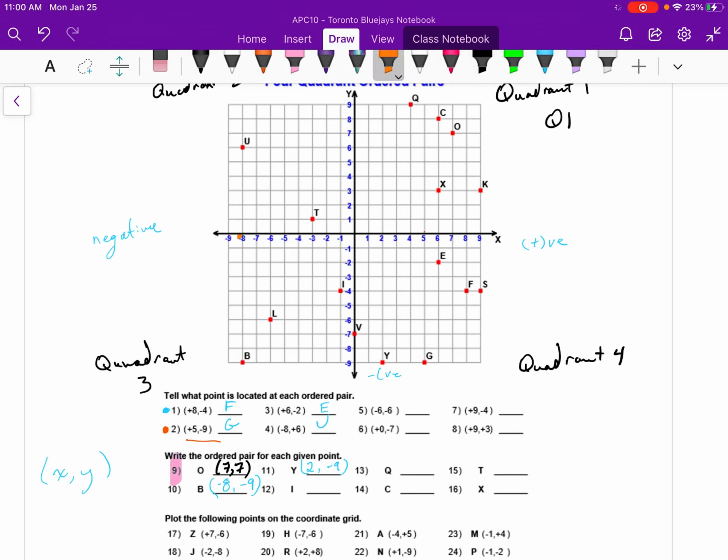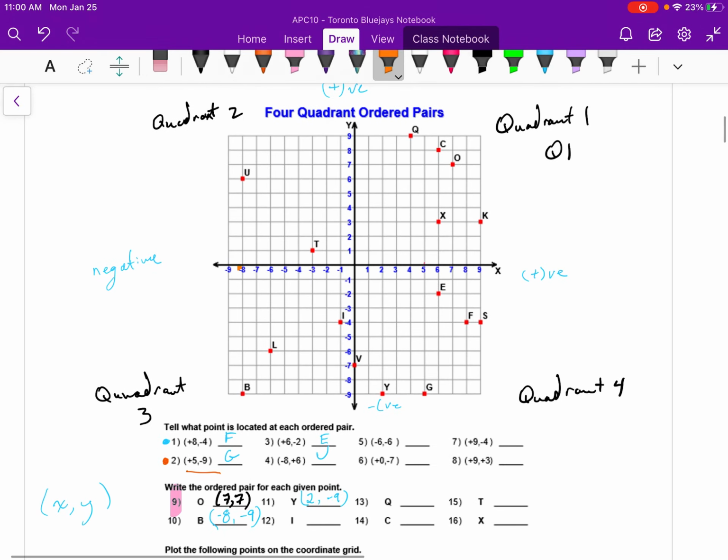So I need to go out and find where I is. If I take a look where I is, there it is, there's I. I had a hard time seeing it. So I'm going to draw a line straight up, straight across, and I see the x-coordinate for I is negative 1. The y-coordinate is going to be negative 4.